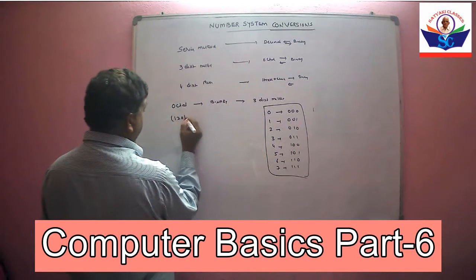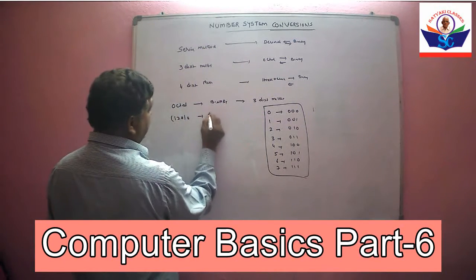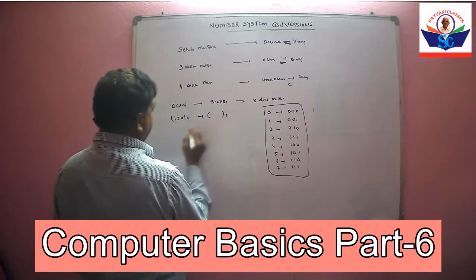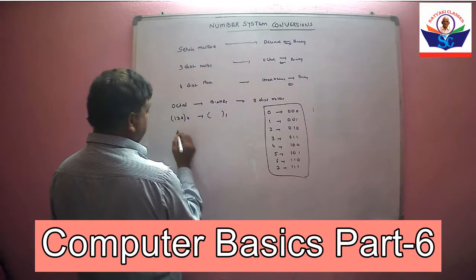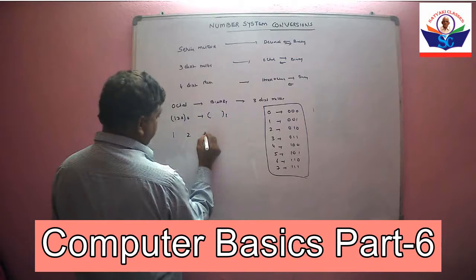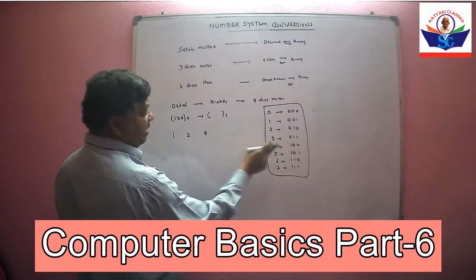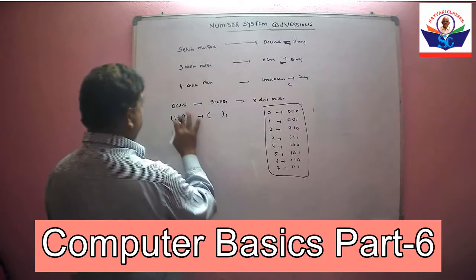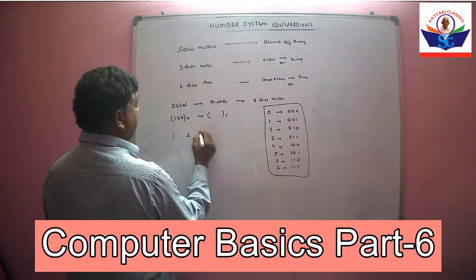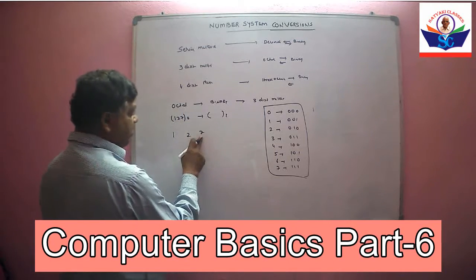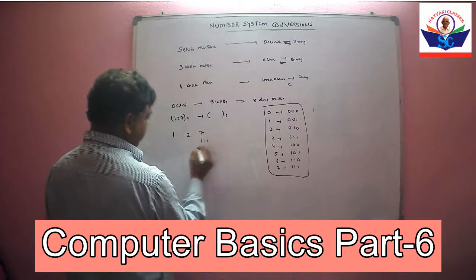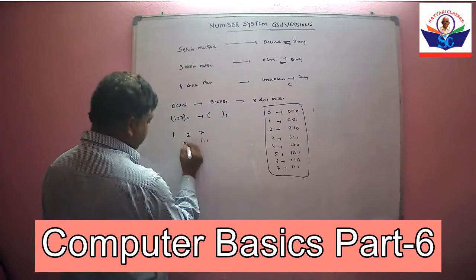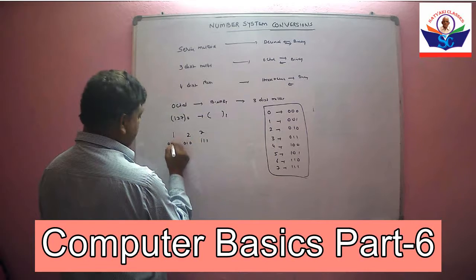127 in octal is equal to which binary number? 1, 2, 7. Sorry, there is no digit 8 in octal, so it is 127. What is equivalent to 7? 3 ones. What is for 2? 0 1 0. For 1, 0 0 1.